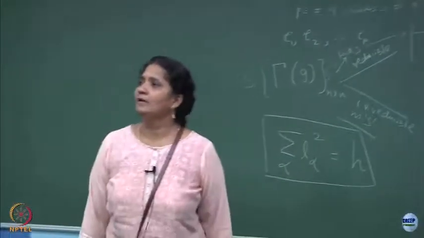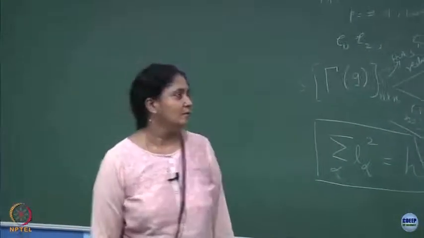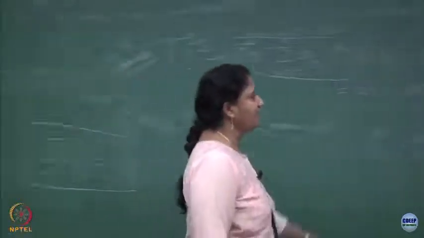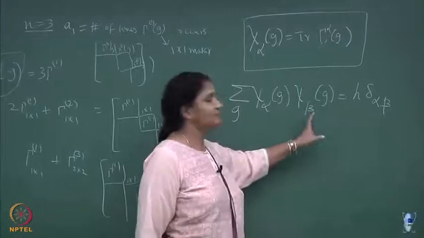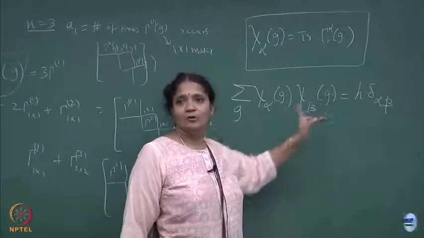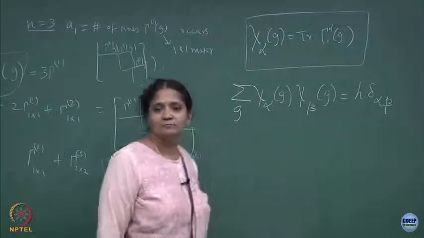Are you all following? So, the characters are orthogonal if they are different irreps, and you have to sum up over all these elements and then do that.